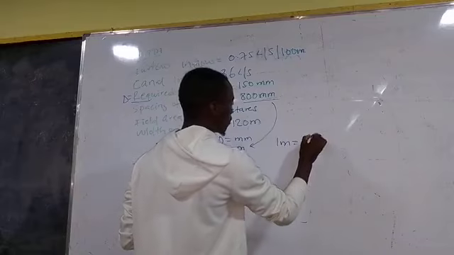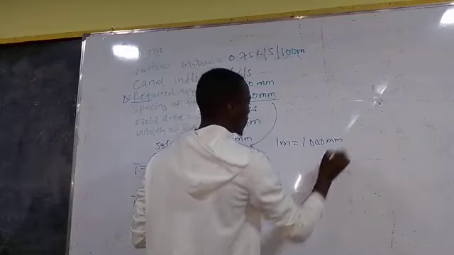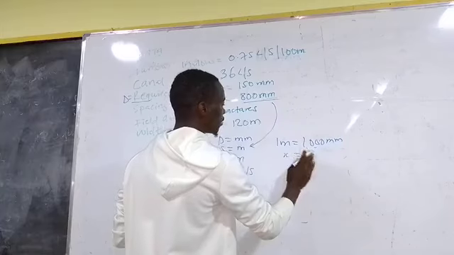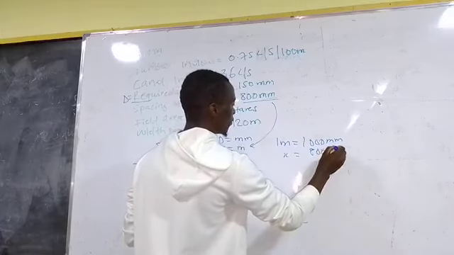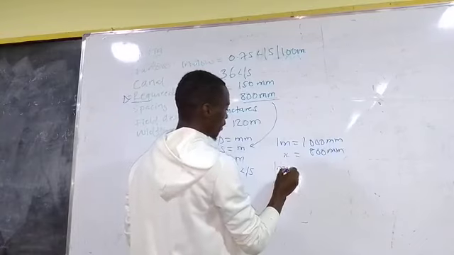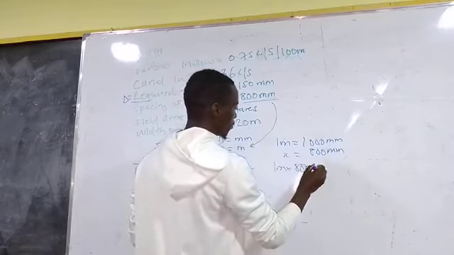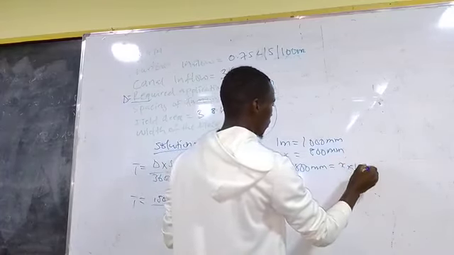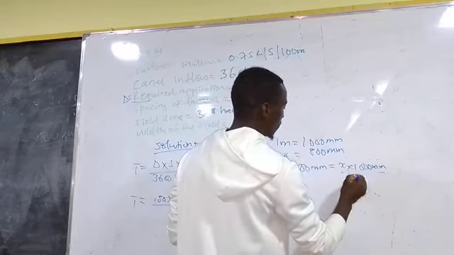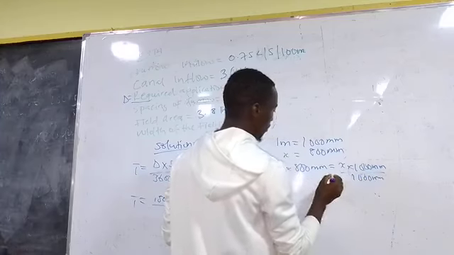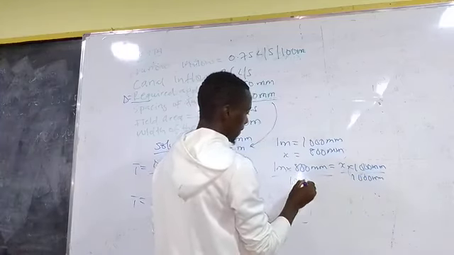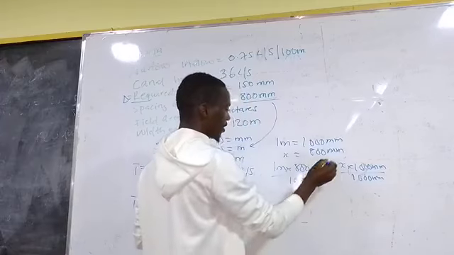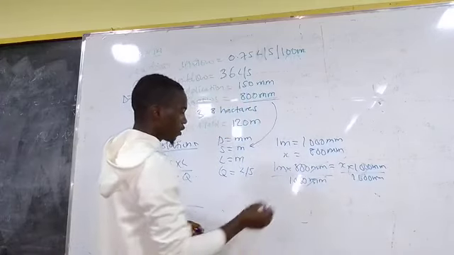1 meter is equal to 1,000 millimeters. So we are looking for X equal to 800 millimeters. So 1 meter is to 1,000 millimeters as X is to 800 millimeters. The millimeters cancel, so we remain with the meter.